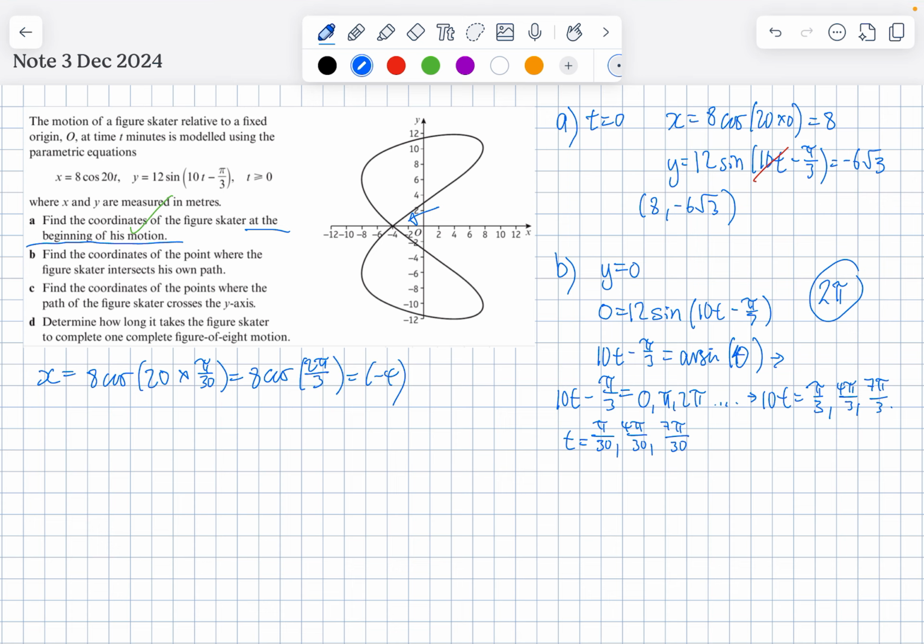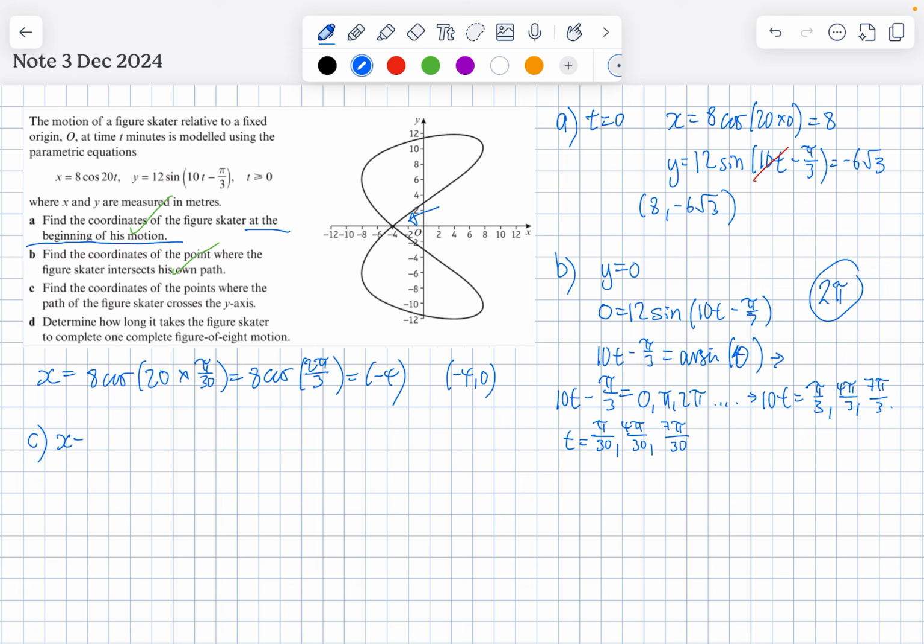So that means our coordinates are minus 4, 0. Right. Now that was at the x-axis, and then C asked us to find the coordinates of the point where they cross the y-axis, and we should get 4 solutions. We can see that from the diagram.